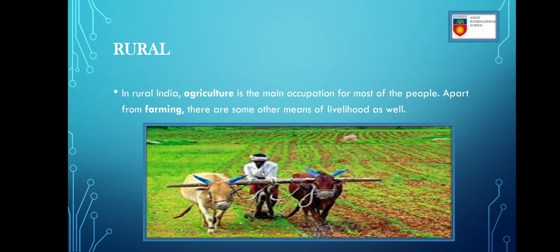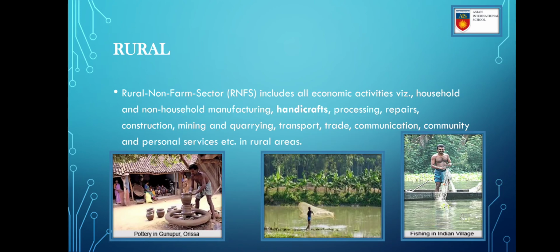In rural India, agriculture is the main occupation for most of the people. Apart from farming, there are some other means of livelihood as well. Rural non-farm sector includes all economic activities like household and non-household manufacturing, handicrafts, processing, repairs, constructions, mining, quarrying, transport, trade, communication, community and people services.